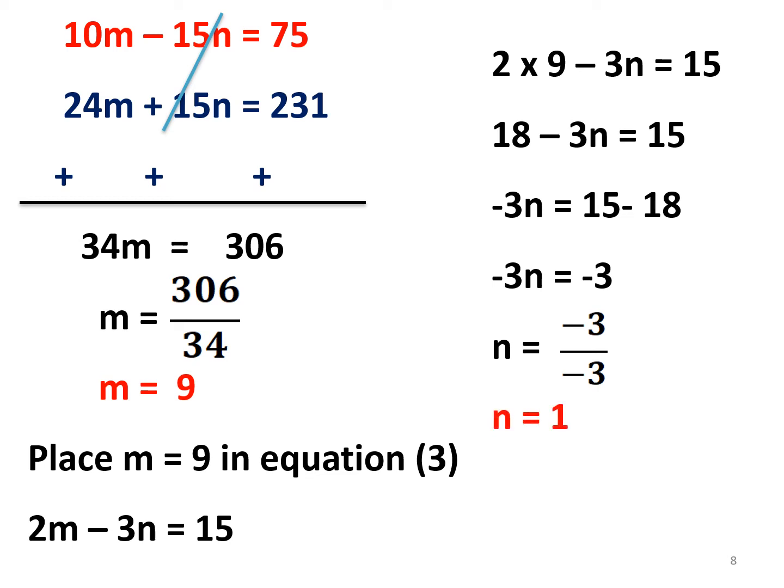Now we have got the value of m is equal to 9 and the value of n is equal to 1. But m and n are not the values which we have to find. We have to find the value of x and y.